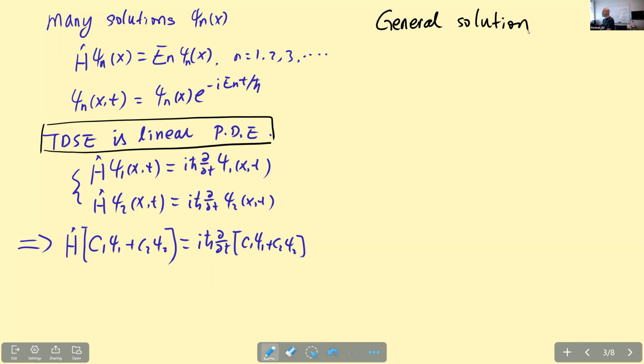So this indicates that, suppose you have already found the eigenstates psi_n, then the general solution can always be written as the summation over n of coefficients times these eigenstates or eigenfunctions already obtained, and each of these evolves like this.